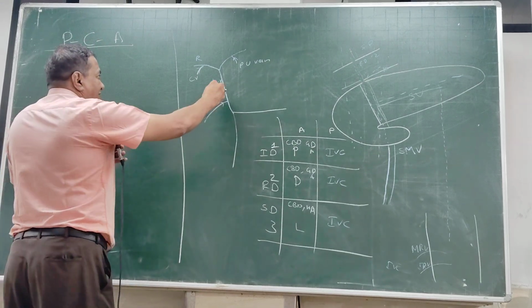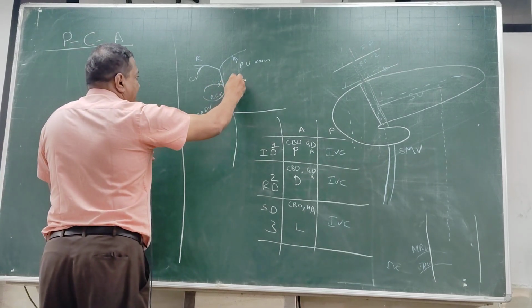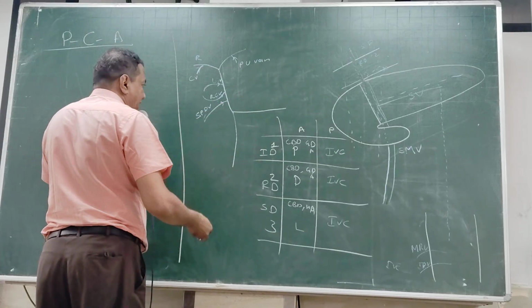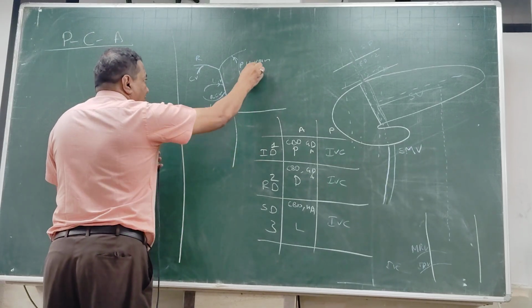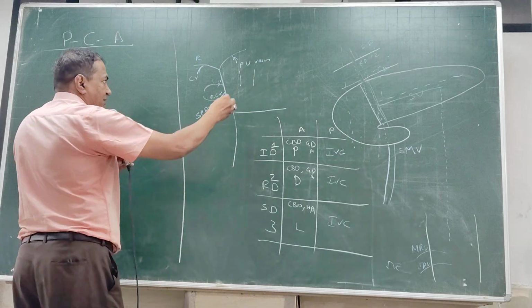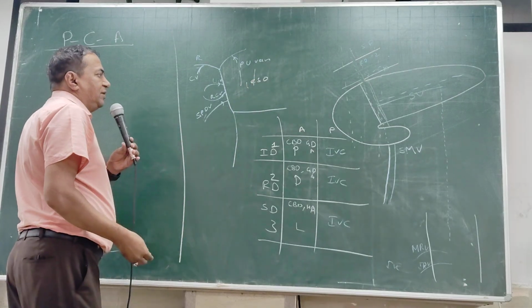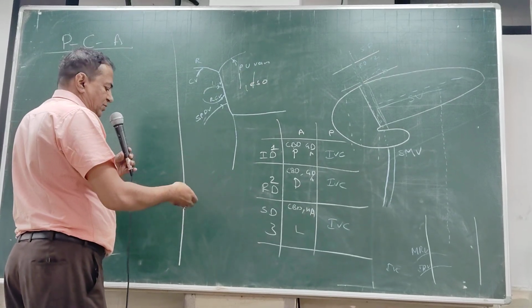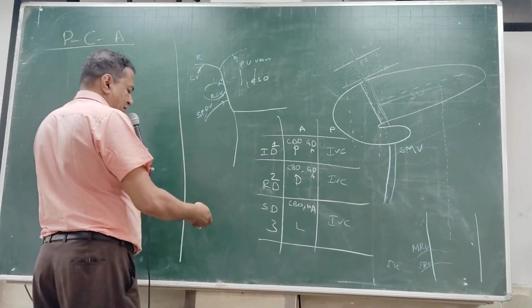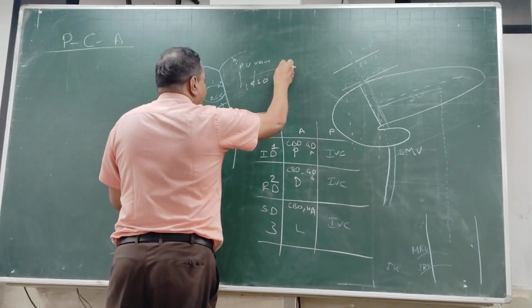Left gastric vein is also draining the lower part of esophagus, which is also being drained by hemiazygous vein.